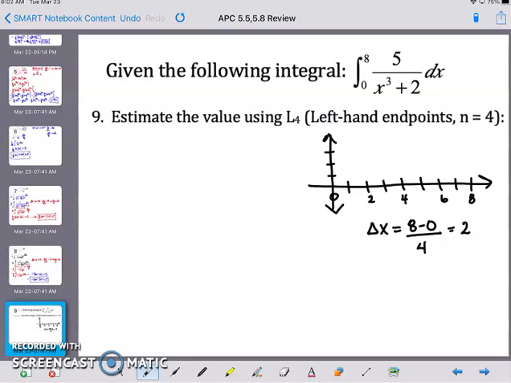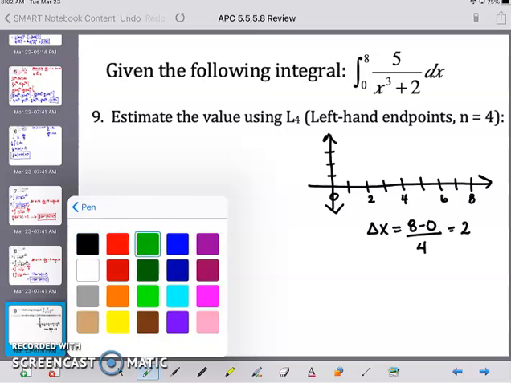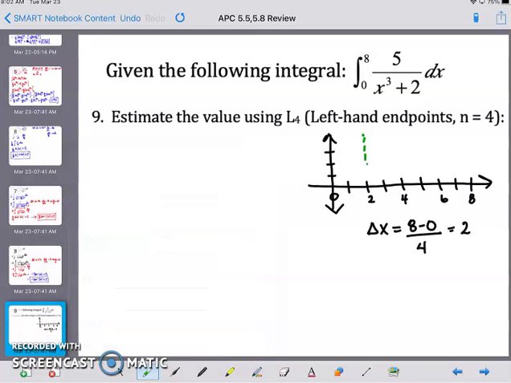We can envision that we have rectangles here like so. And if we are doing left-hand endpoints, then we are going to be taking the y value of the function on the left-hand side of the rectangle.